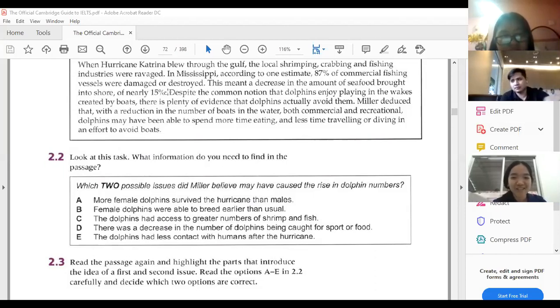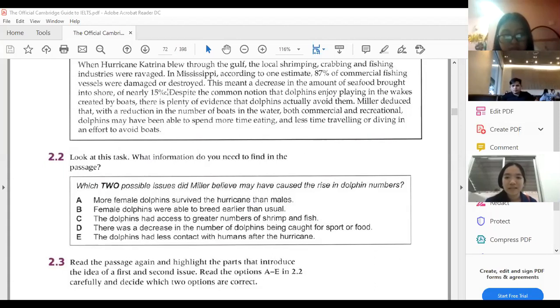They just say that there's a decreased number, and the fish were damaged. Okay. So when you look at those sentences right there, can you say C is the answer? The dolphins had access to greater numbers of shrimp and fish.